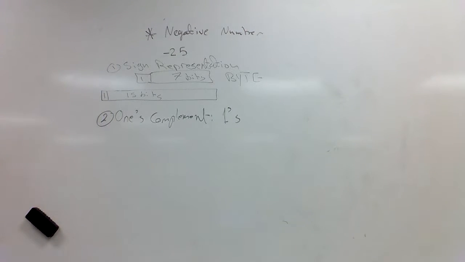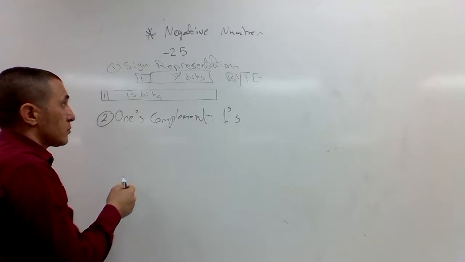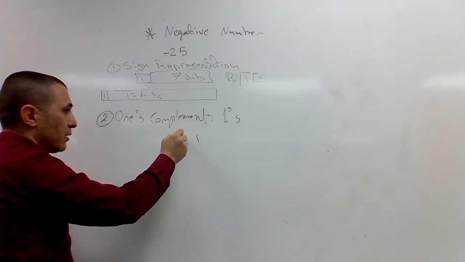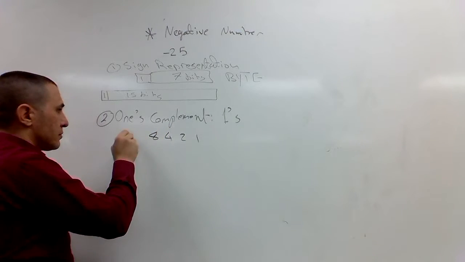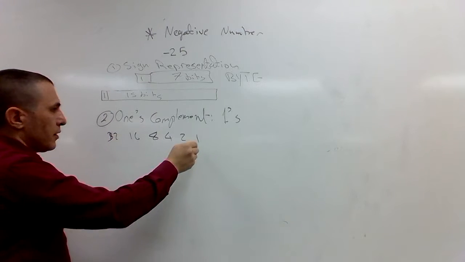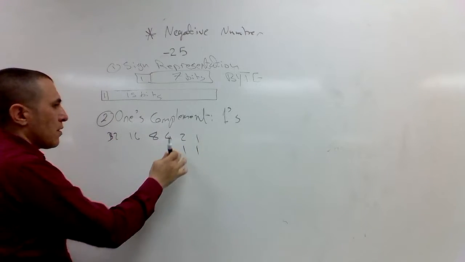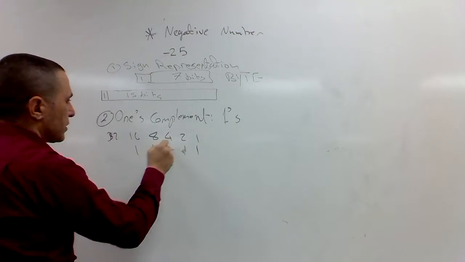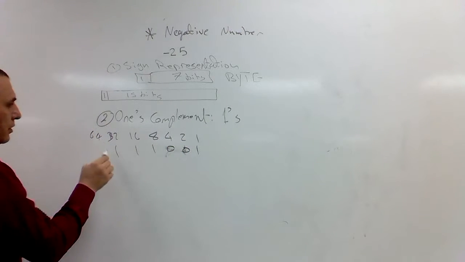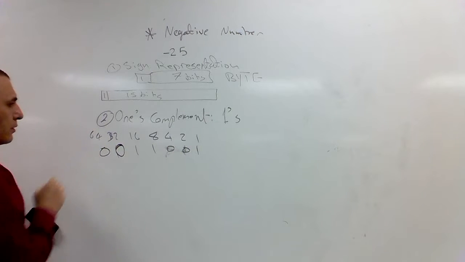What is 1's complement? What's negative 25? I find the 25 the same way I did in the sign representation: 1, 2, 4, 8, 16, 32, 64. I added those.